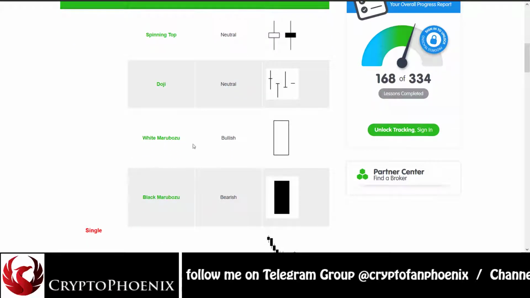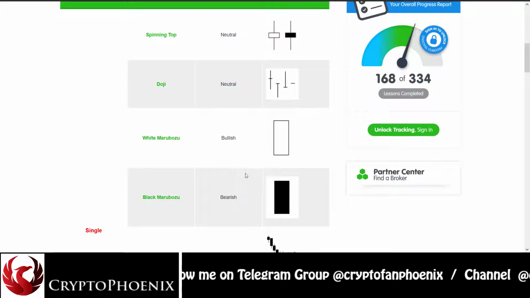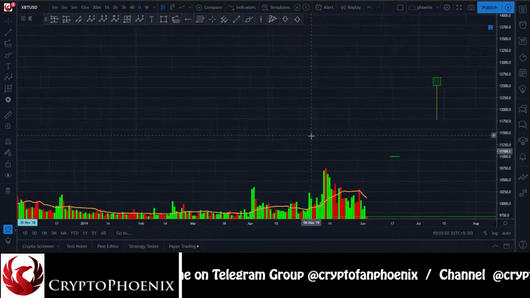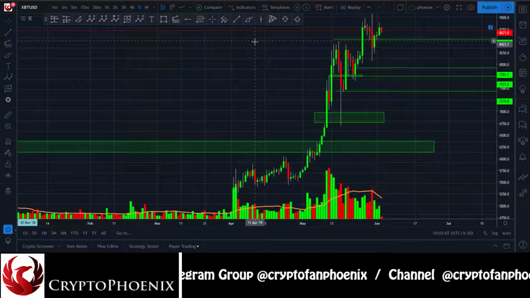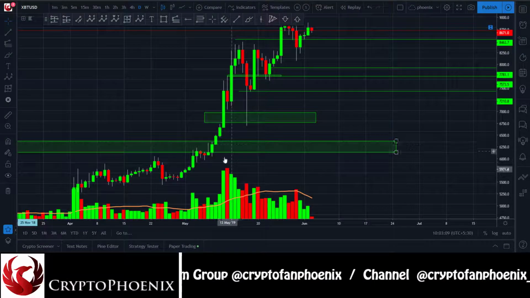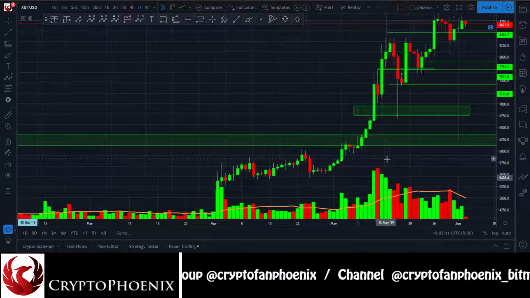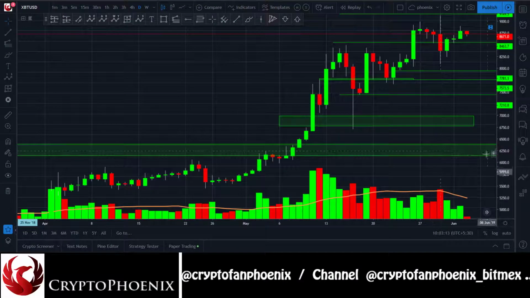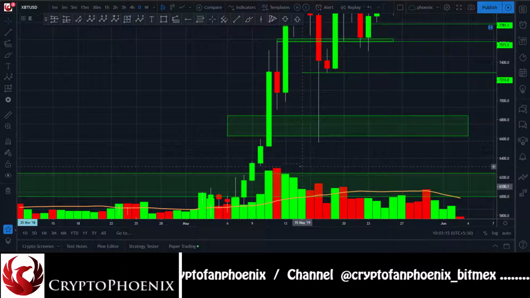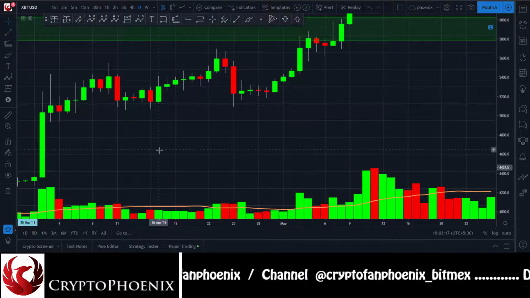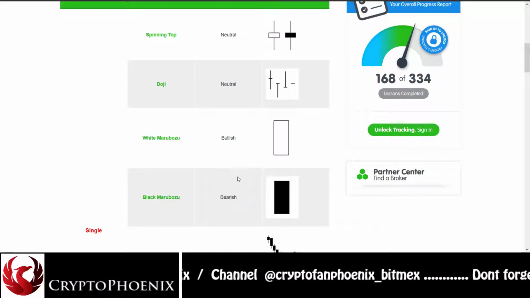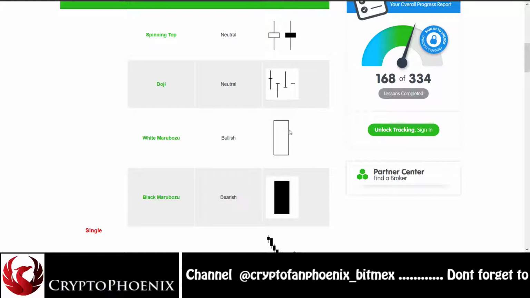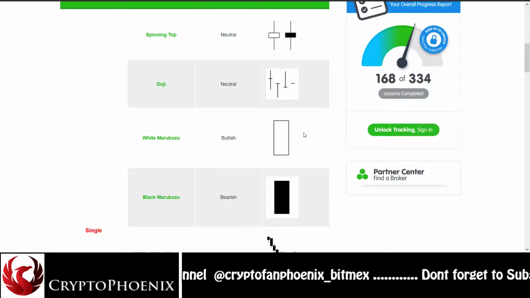Okay, so this is the white marubozu. Now certainly guys, whenever you are trading any asset and you find a candle that is fully filled, let's look at an example and you can get a much better view. Basically, marubozus are candles without wicks.